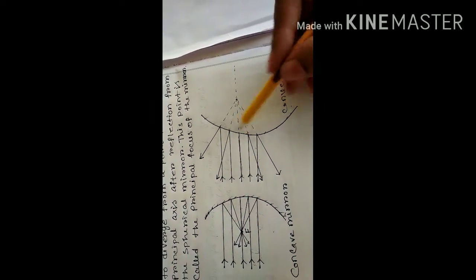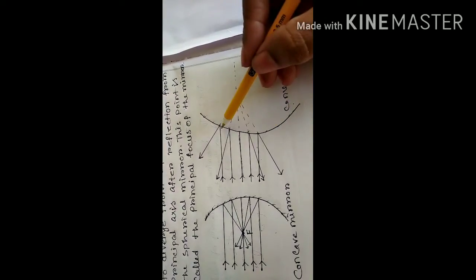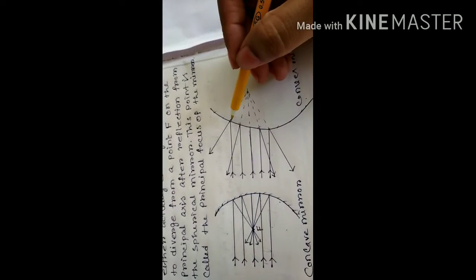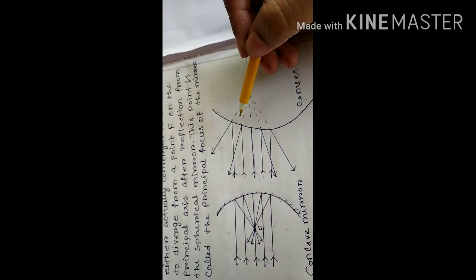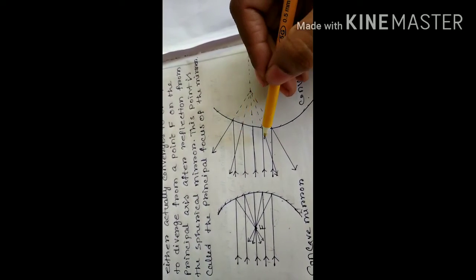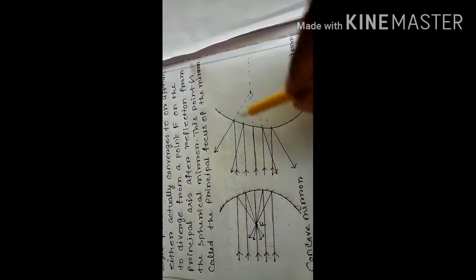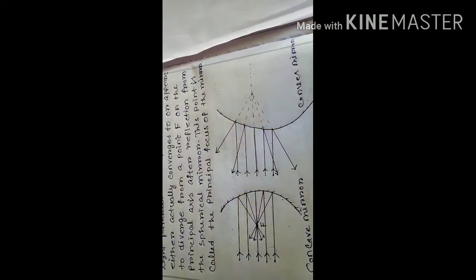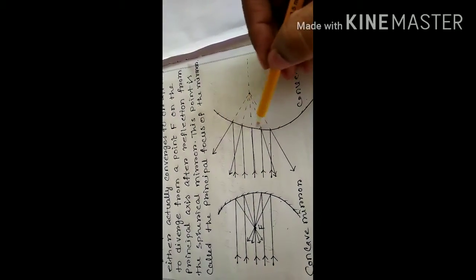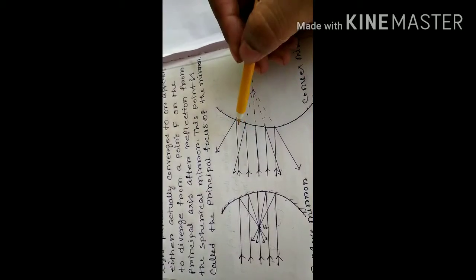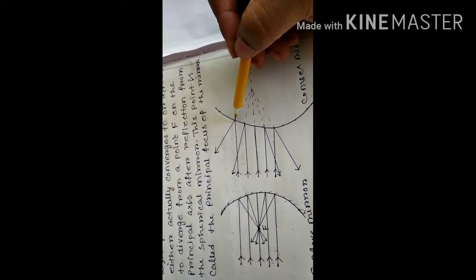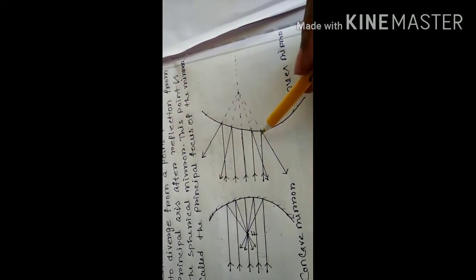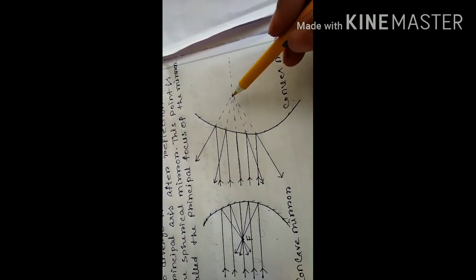Here, after reflection, all the rays diverge. This one is the incident light and this one is the reflected light. So, after reflection, all the rays diverge. Diverge means they go in different directions.